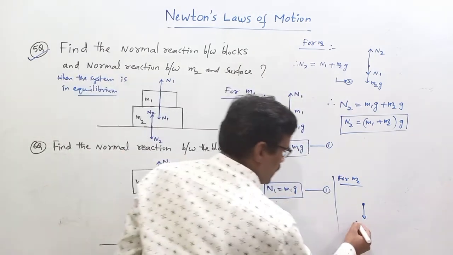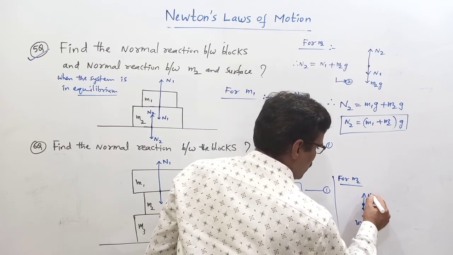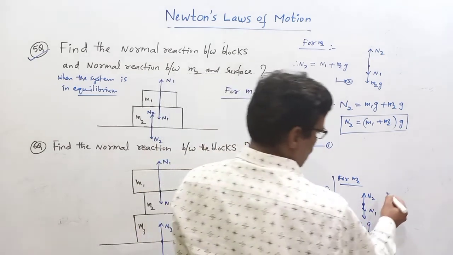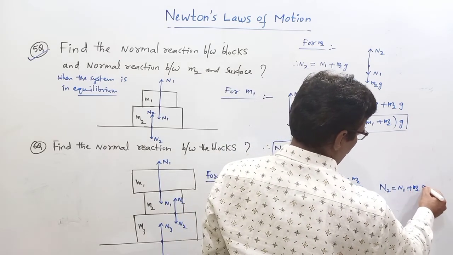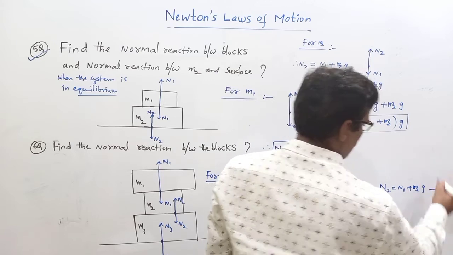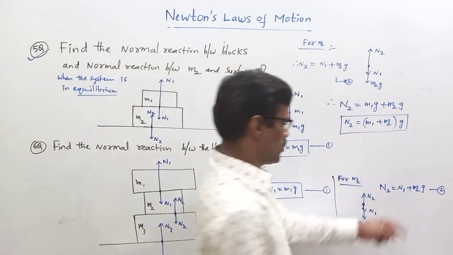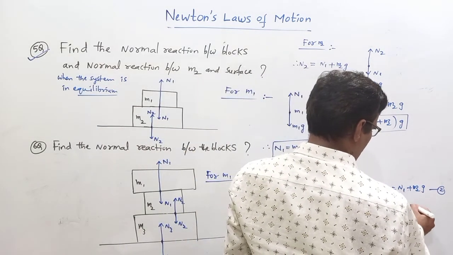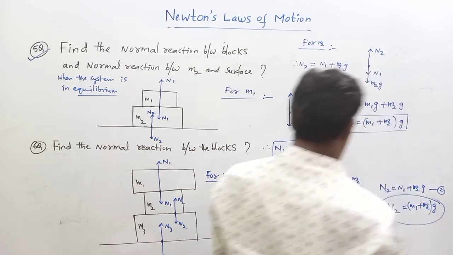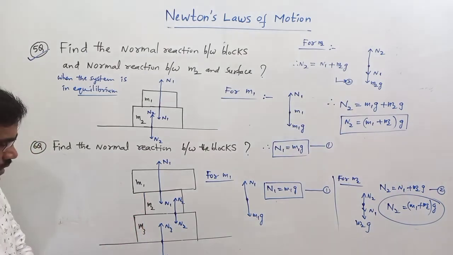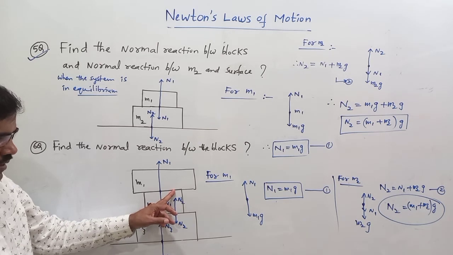On M2, its weight acts vertically downward. N1 downward, N2 is up. Therefore, your answer is N2 is equal to N1 plus M2G. Equation 2. N1 is M1G. Substitute here. Therefore, N2 is equal to M1 plus M2, into G. So here, this is the normal reaction between M3 and M2.